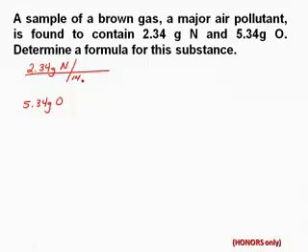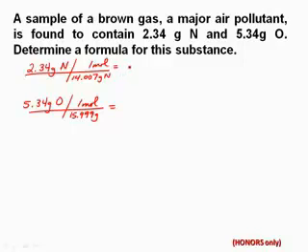So we're going to do our molar mass of nitrogen and molar mass of oxygen. And so we get there 2.34 divided by 0.167059. And on this step, you really want to carry the values out at least 5 or 6 digits.